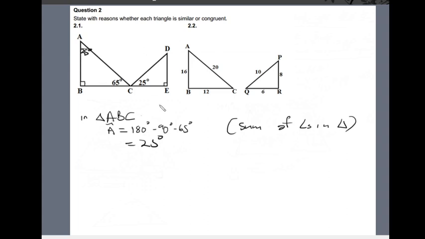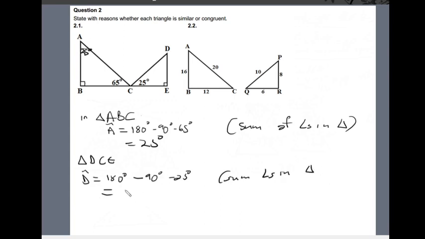And then in the same way, in triangle DCE, angle D is equal to 180 minus 90 minus 25, right? Sum of angles in a triangle, right? So this is equal to 65 degrees.